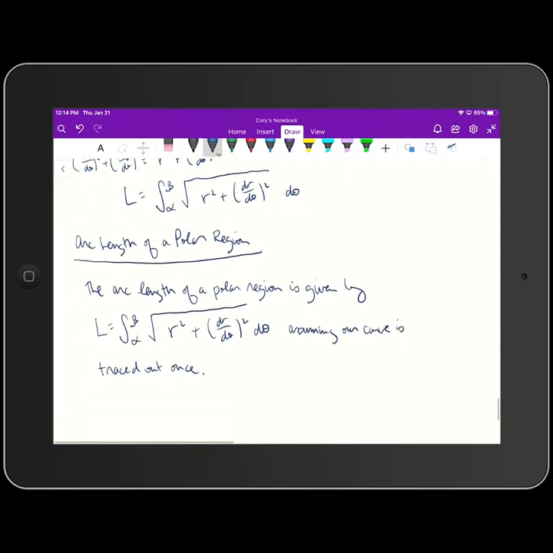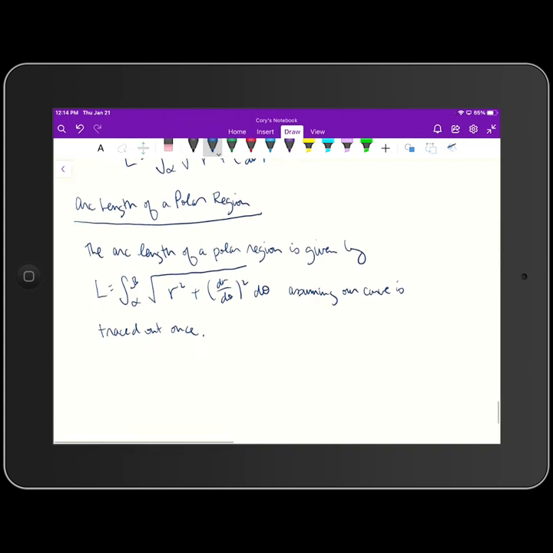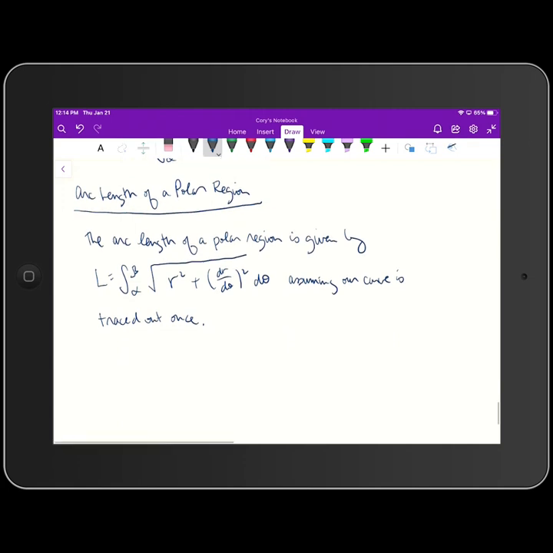Okay, so let's do an example here with arc length. Pay really close attention to this example because you are going to be quizzed and tested on something similar to this. These can be a little bit tricky evaluating the integral by hand.